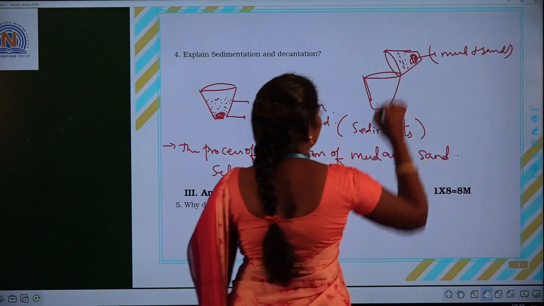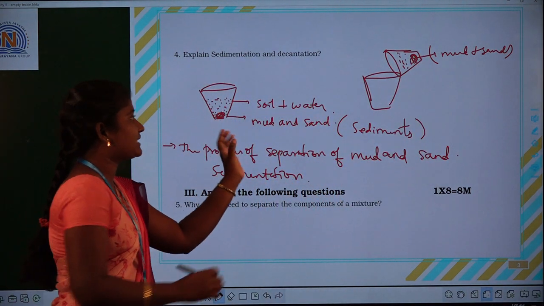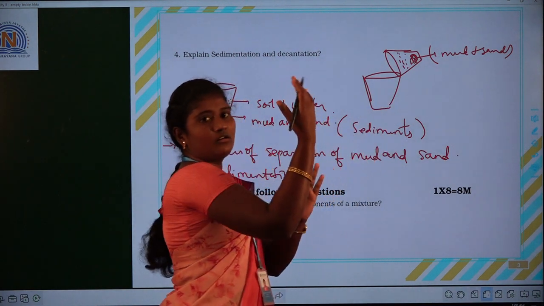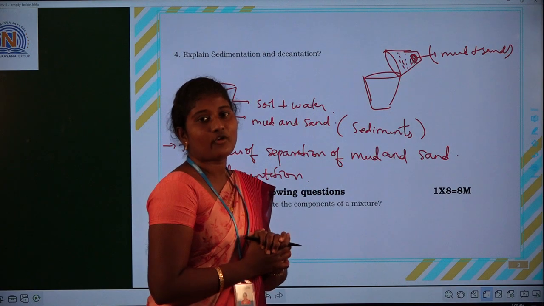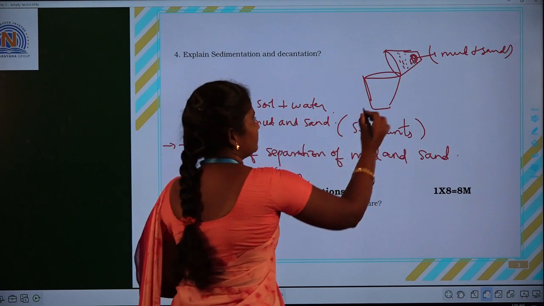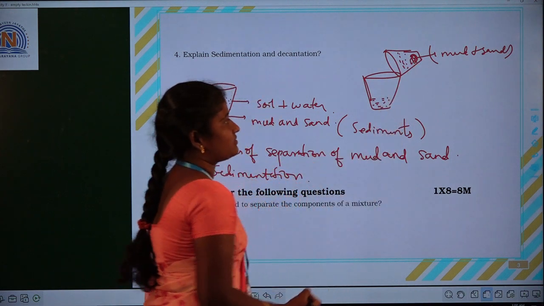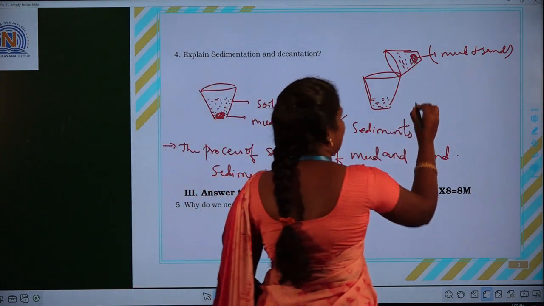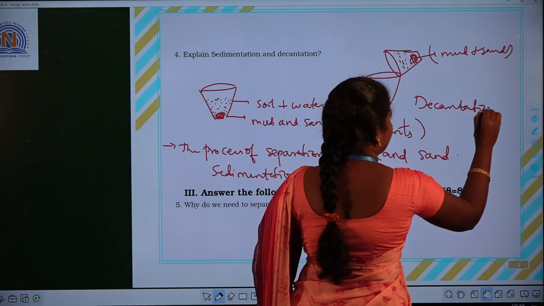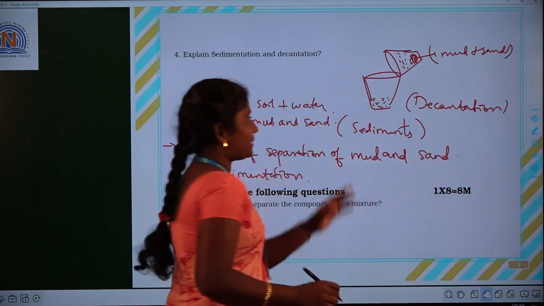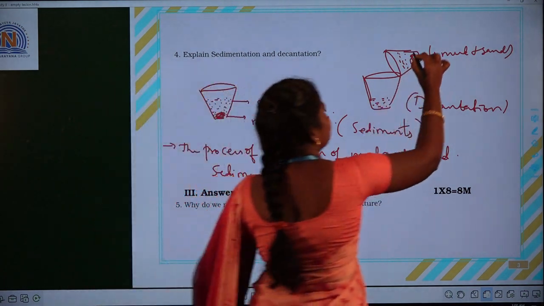After completion of the sedimentation, you have to lift up the glass and keep it like this in the other glass tumbler in an inclined position. You have to separate only water from the sediments. The process is called decantation.